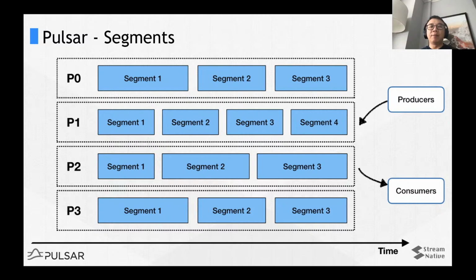Each partition is divided into segments, and each segment is stored as a BookKeeper ledger, and ledgers are stored as blobs in blob storage. So a segment is a unit of data storage as well as data distribution.